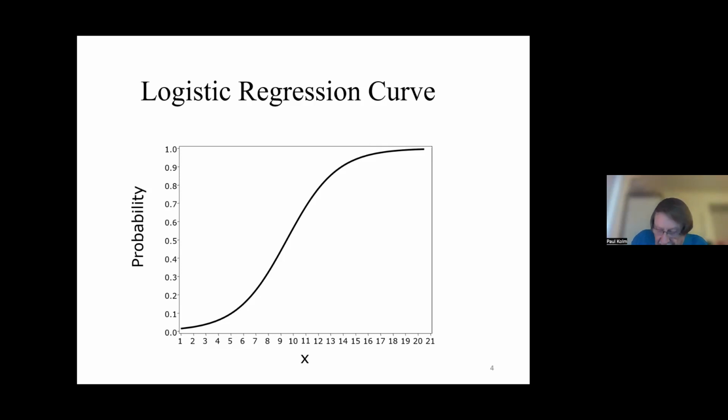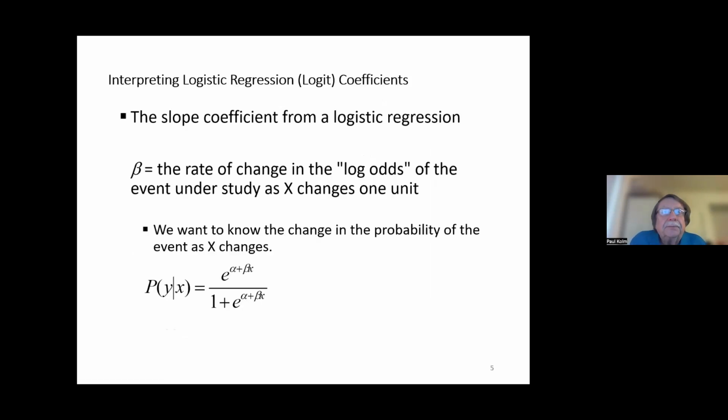But for the most part, we're going to find that the probability of whatever outcome we're interested in is sort of more in the middle, where the probabilities are linear with the independent variables.